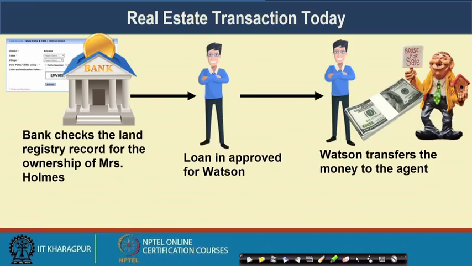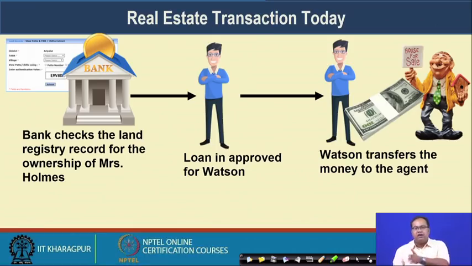So at every stage, different organizations like the agent's office and the bank validate the ownership of that particular house. Now, if again there is no dispute, then the loan is approved for Watson.